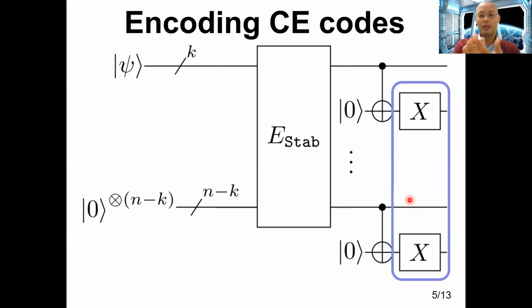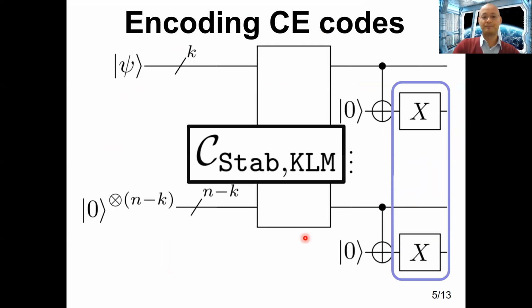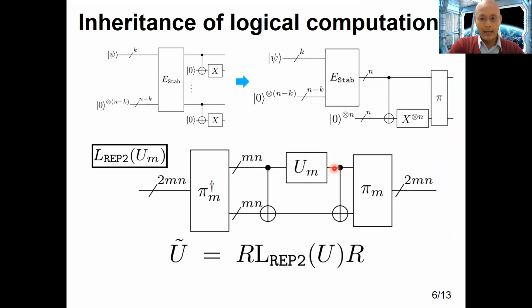And because the codes that I propose have this structure, I call them rotated concatenated stabilizer codes because they are rotated from this concatenated stabilizer code. And I denote such a code like this, which emphasizes that it's the concatenation of a stabilizer code with a Neil Laflamme-Milburn code.